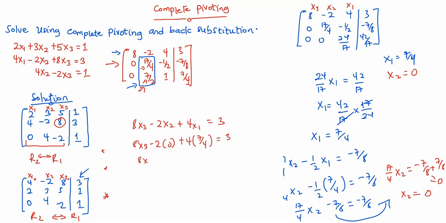So I'm going to have 8x3 minus 0 plus 7. This 4 will cancel out this, and this will be equal to 3. So I'm going to have 8x3 equal to 3 minus 7, which will give us 8x3 equals minus 4. So you divide both sides by 8, and then I'm going to get x3 equal to minus half. So that will be the value of x3.